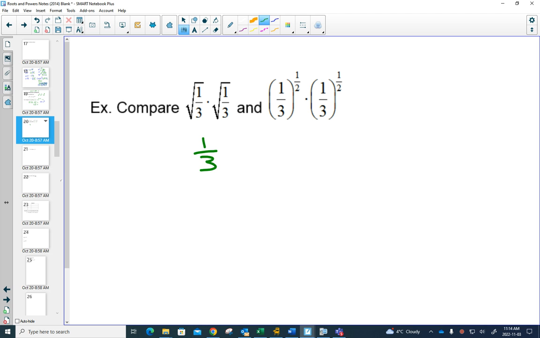And if you did 1/3 to the 1/2 times 1/3 to the 1/2 on your calculator, or used your exponent laws that said, I can just add my exponents, you would get 1/3. So it works that a square root is the same as an exponent of a half.